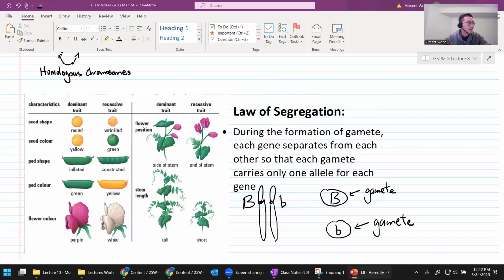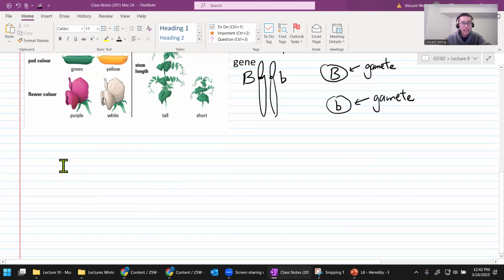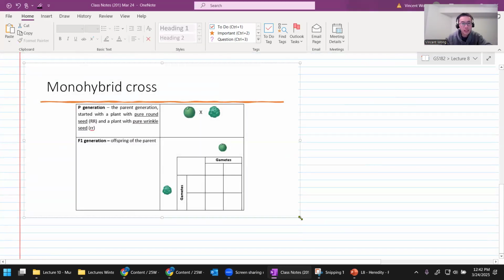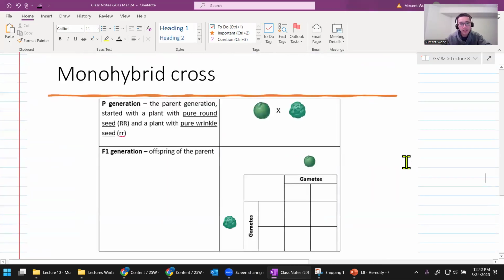All right. So let's take a look at his experiment. So what he did was that he took a pea plant with round seed and a pea plant with wrinkled seed. Now you've got to understand that when I explain this to you, I already know the results. But when he did the experiment, he didn't know the results.